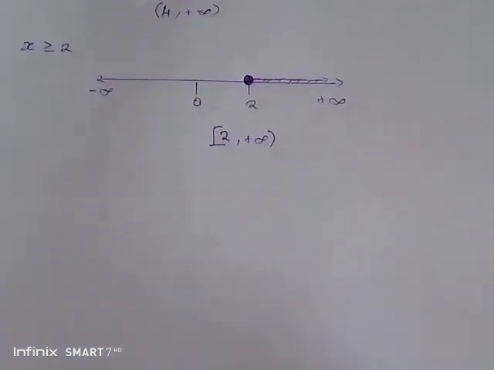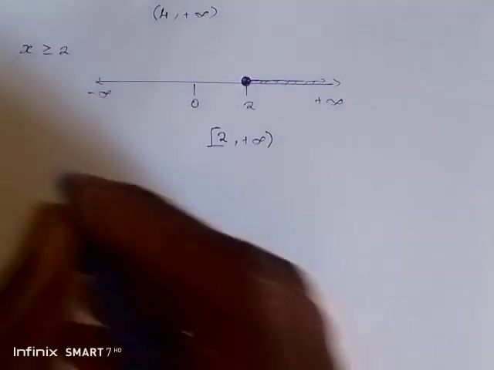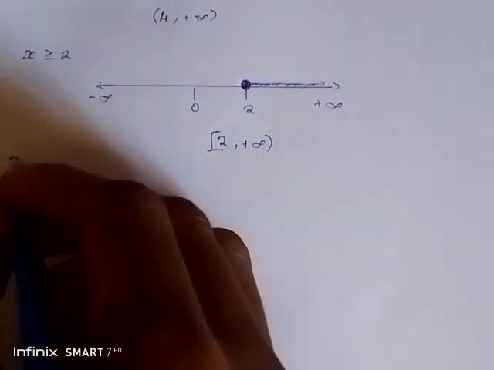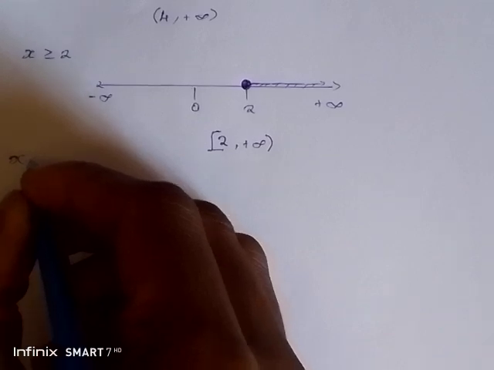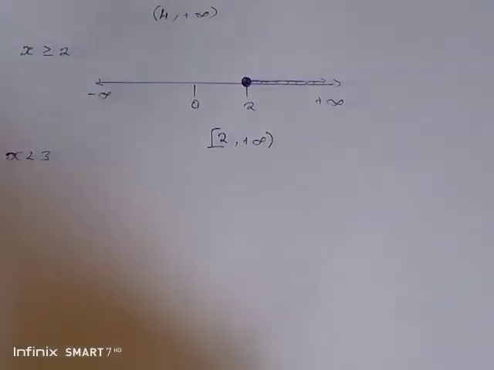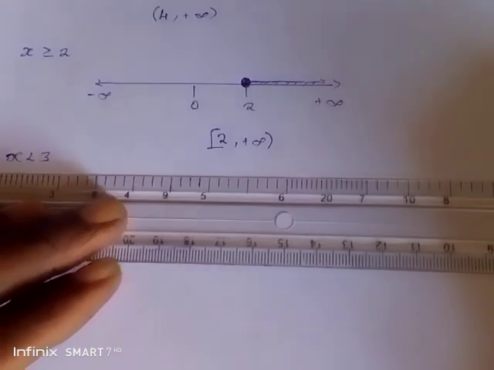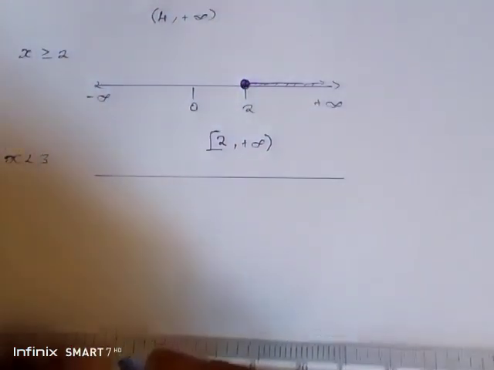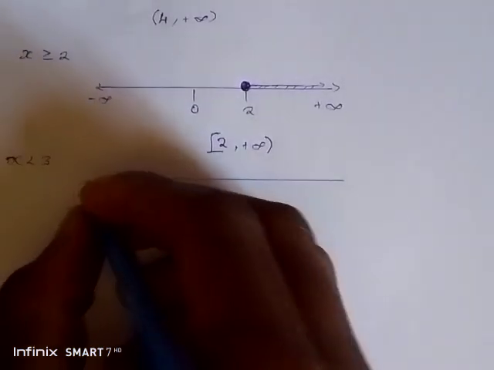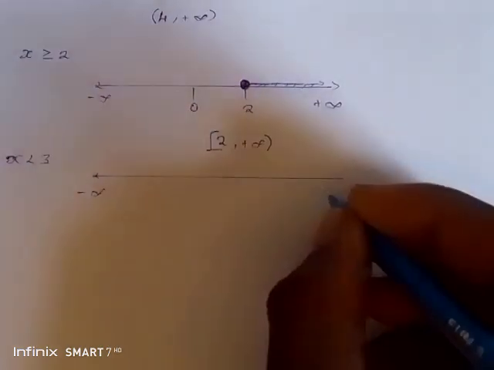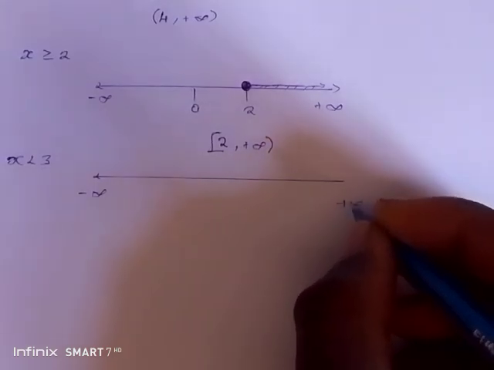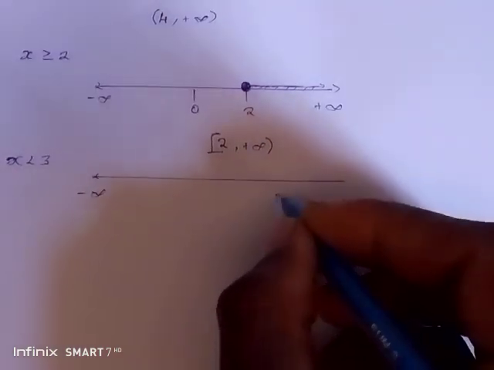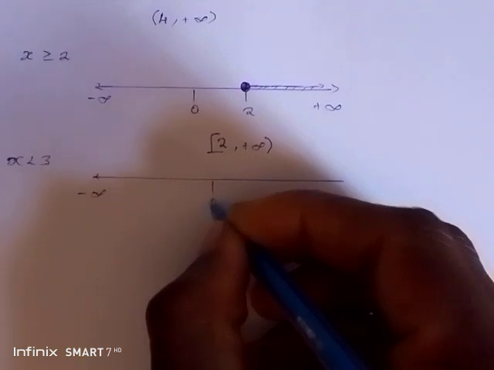Let's check another example. Let's say we are given x less than 3. We are also going to make a real line like this. Then we say this is negative infinity and positive infinity, and then we have a 3 here and a 0 there.